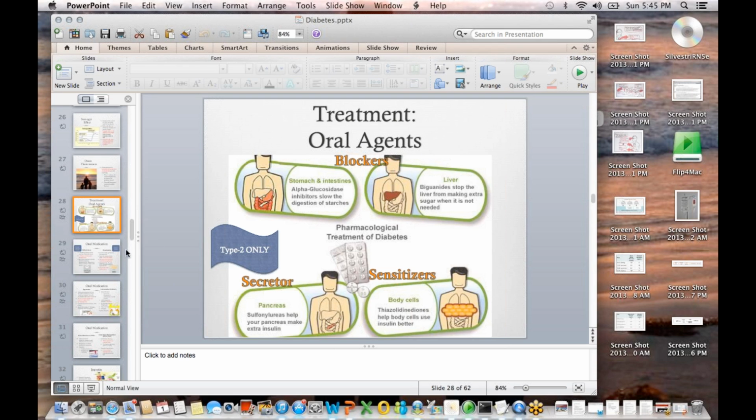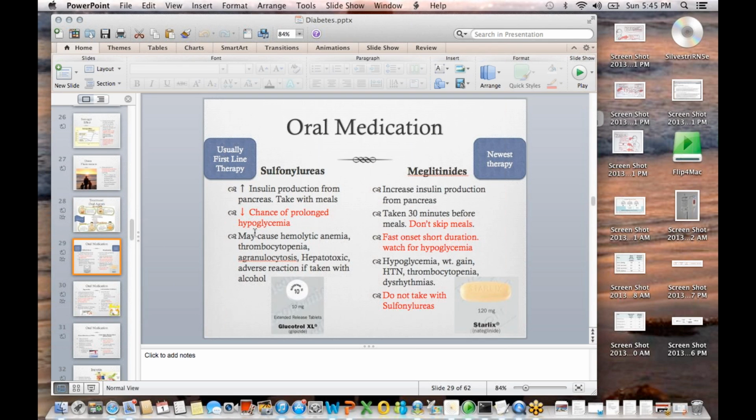As far as oral agents, usually this is only type 2s because you're going to be working with the function of the pancreas or the liver to reduce the blood sugar levels. So we talked about your blockers, your secretors, and your sensitizers. Please try to review these a little bit. The biggest thing I think here is the chance for hypoglycemia, and don't skip your meals, especially since sulfonylureas are going to increase the insulin production.